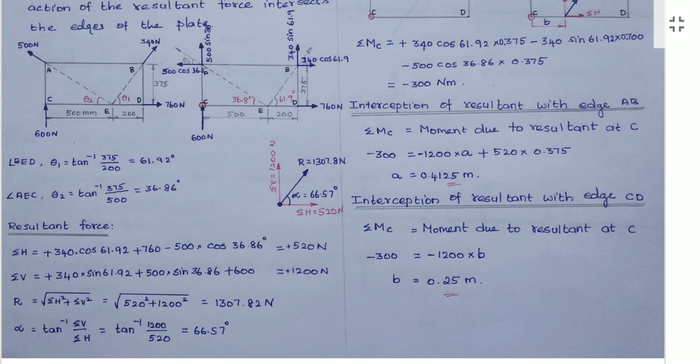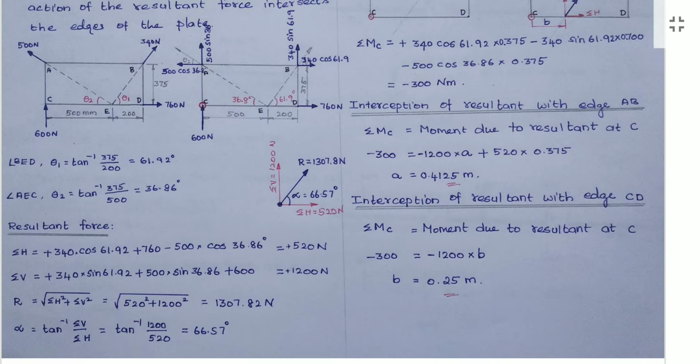This is towards the left, so it is negative. So 340 cos 61.92 plus 760, minus 500 cos 36.86, since this force is acting towards the left. So we get sigma H as a positive value, plus 520 Newton.